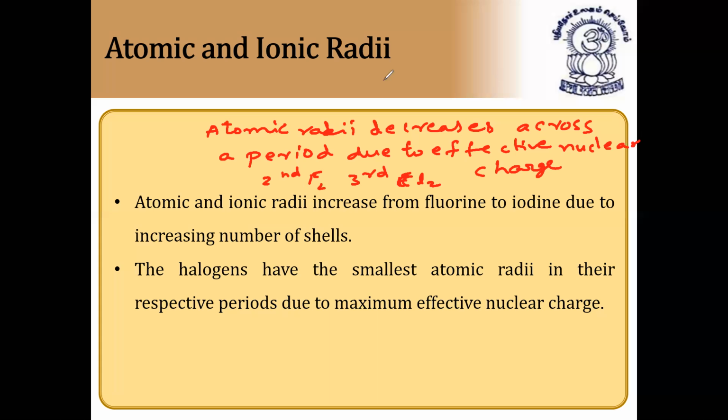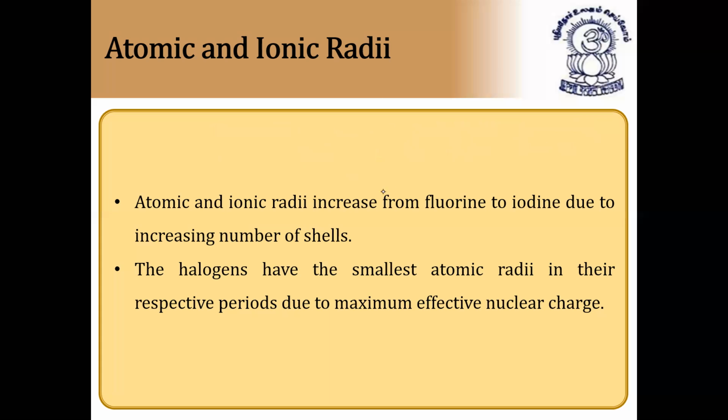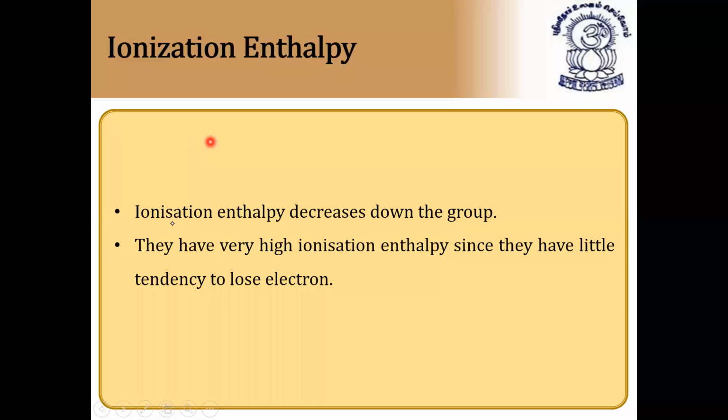Next, ionization enthalpy. Ionization enthalpy decreases down the group because the atomic number increases, so the valence electron will be far away from the nucleus. They have very high ionization enthalpy since they have little tendency to lose electrons. Since they are electronegative, they want electrons.